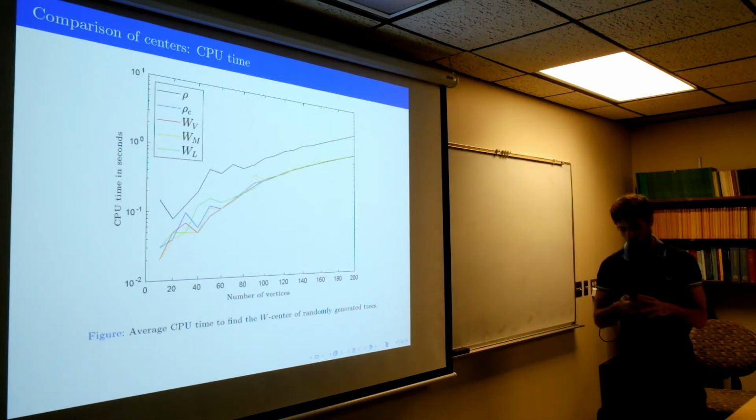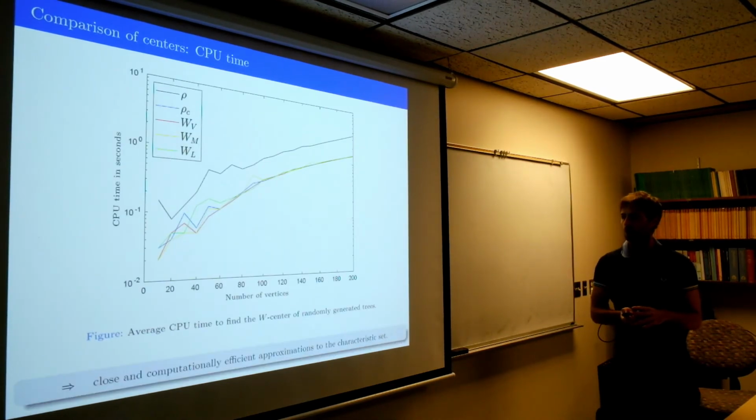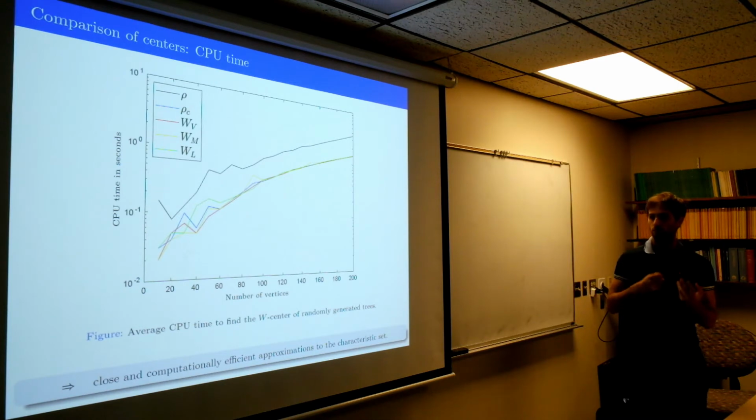Okay, so if we put this together, we can conclude that one way to see this notional center is that it gives close and computationally efficient approximations to the rho center, which is the characteristic set. So we can find something very similar to the characteristic set in less time, basically.